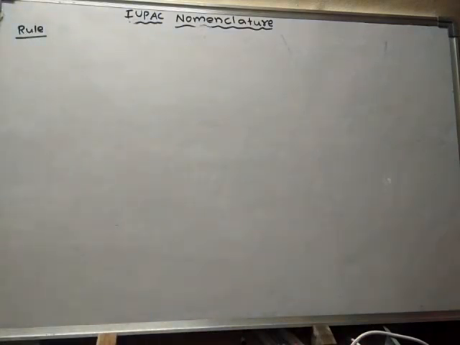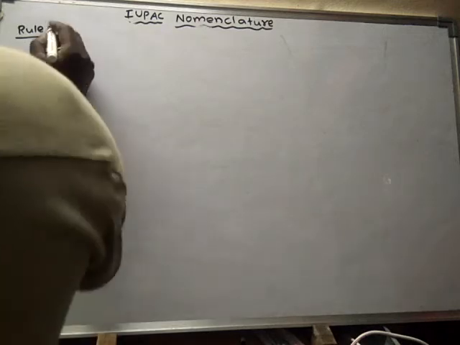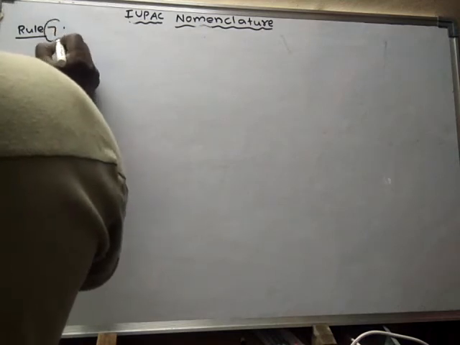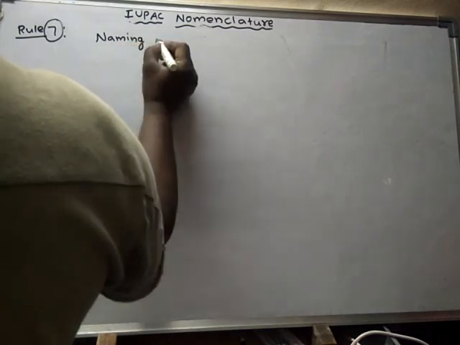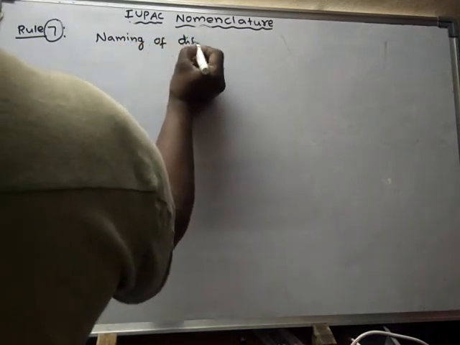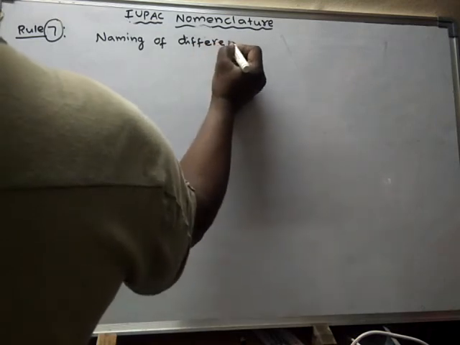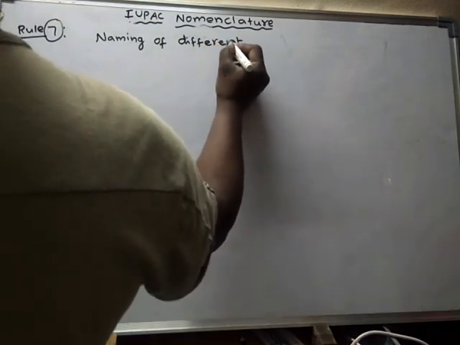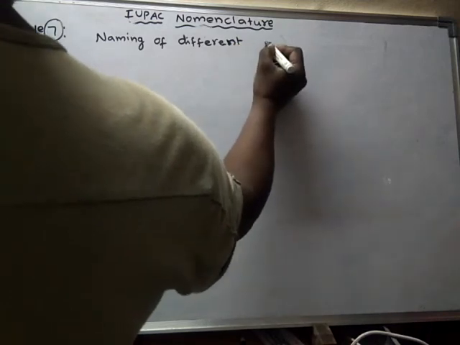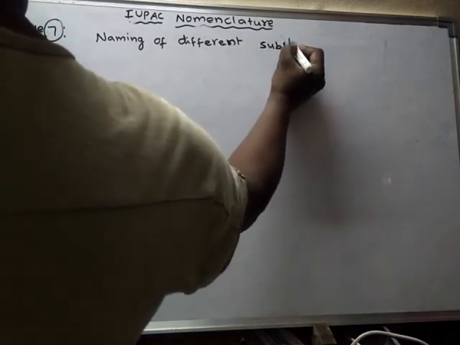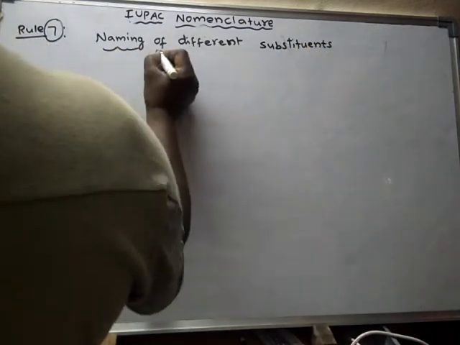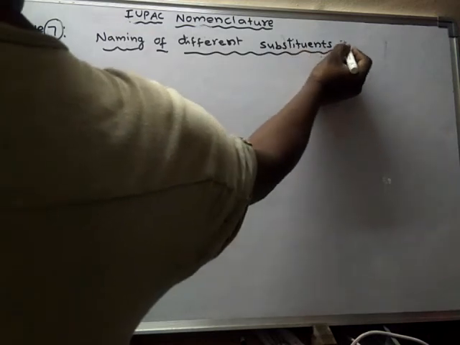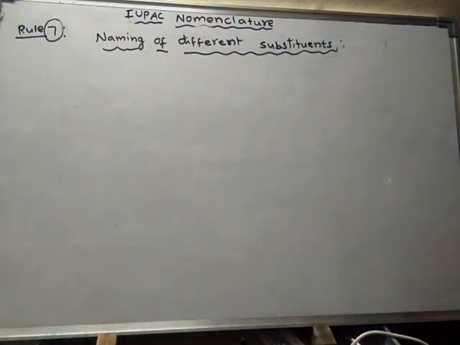What does rule 7 say? Naming of different substituents. When there are different substituents in the compound, then how to name it?